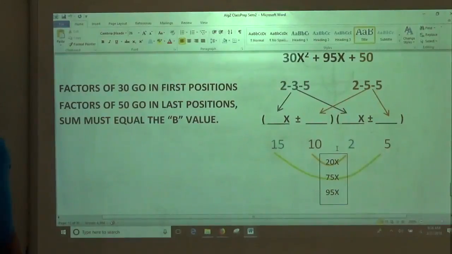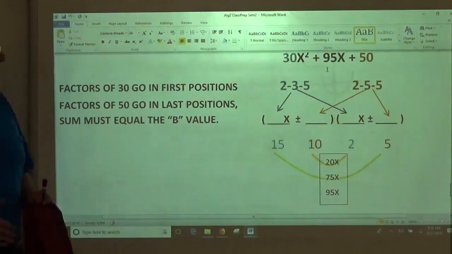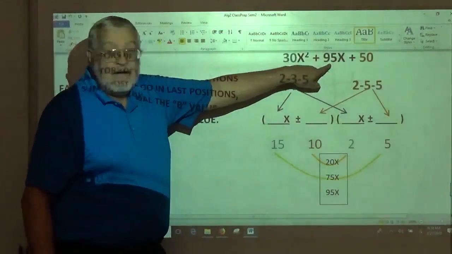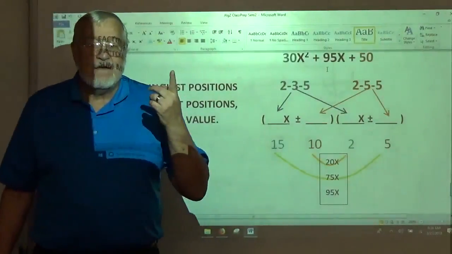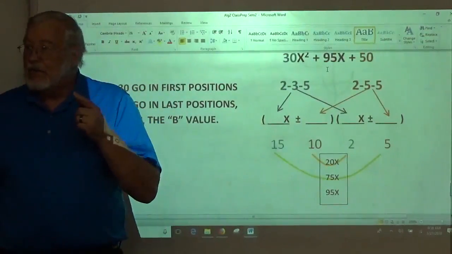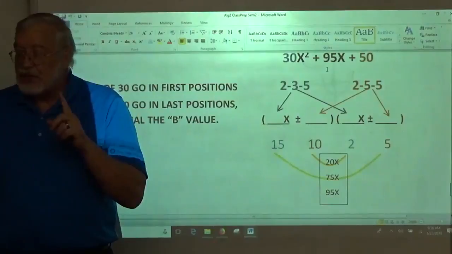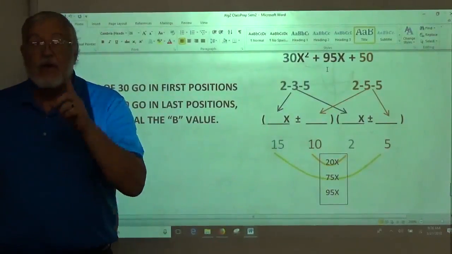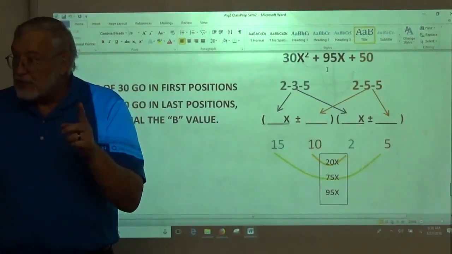All right, factors of 30, all right, going in the first positions, factors of 40 or 50 go in the last. And I need to add them up, and they end up having to add up to be 95. Now here's something that I said. If this is a 95, then that means that I have to have either 2 odd numbers multiplied together, or an even and an odd number multiplied together.